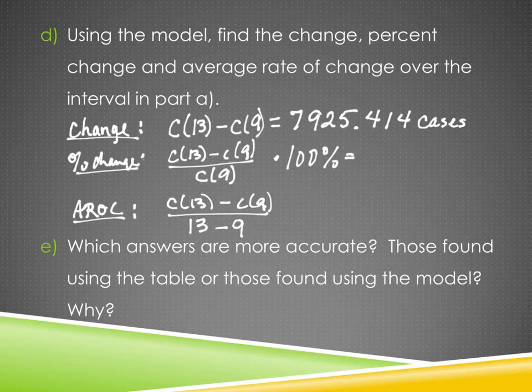It doesn't make sense because these are representing actual people, right? Actual people, actual tests. These are whole number values. So when I'm reporting this, although the calculator told me 0.414, I can't report it that way because it doesn't make logical sense. So we'll take off the 0.414 and it'll be just cases.